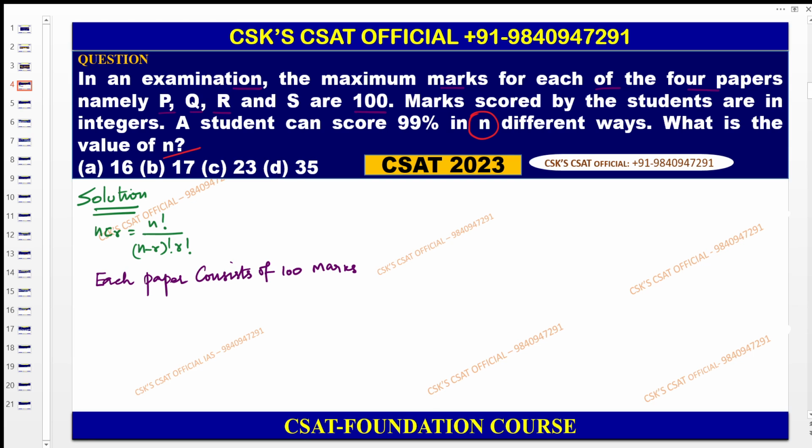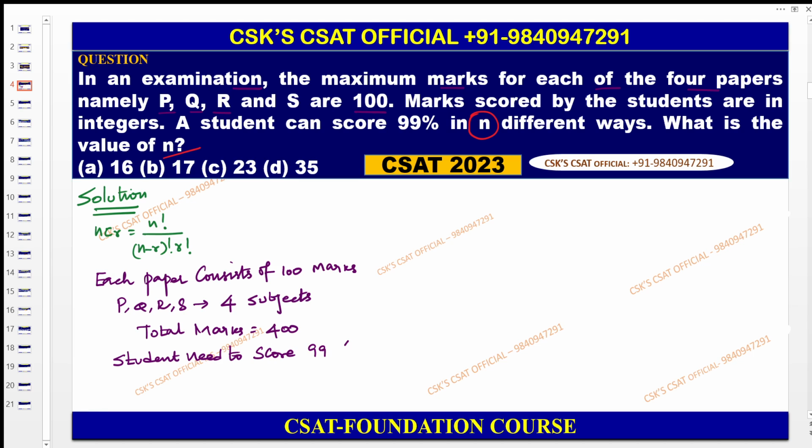Then here four subjects are there, P, Q, R, S. So for these four subjects, the total marks is equal to 400. Then the student needs to score 99%. Now you need to calculate what is 99% out of this 400.